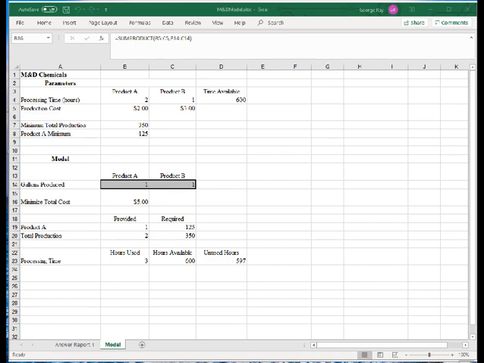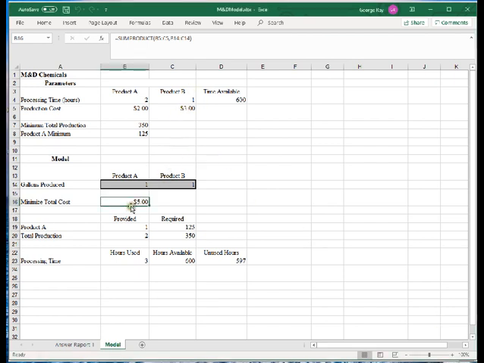Based on the analysis of the current inventory levels and potential demand, M&D's management is looking at certain production requirements. So let's look at this particular model.